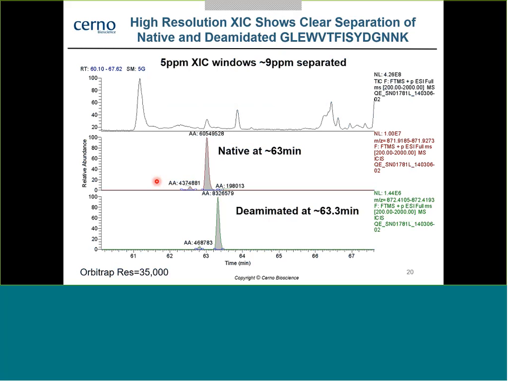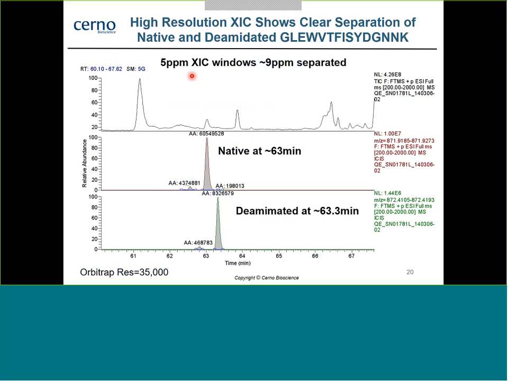This is the separation that we performed. This particular peptide that we're going to look at looked like this if we performed the XIC using about a 5 ppm window, an accurate mass XIC. These two windows, of the monoisotopic peak of the modified species and the A+1 peak of the native species, are only separated by about 10 ppm.